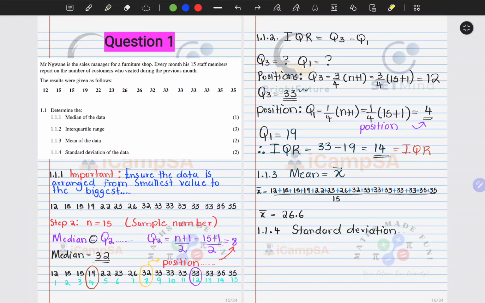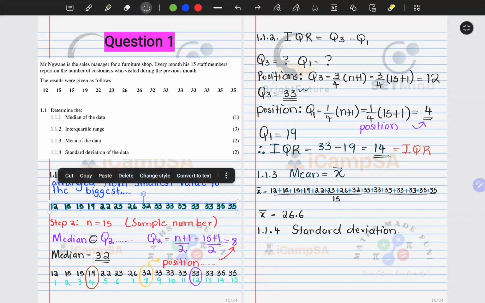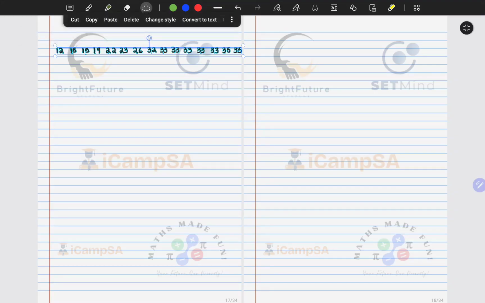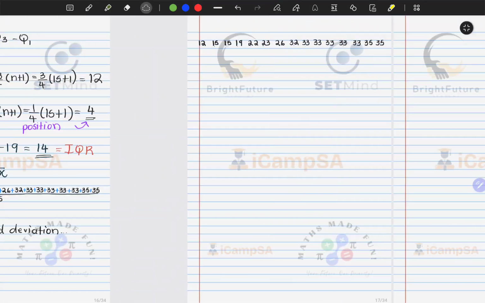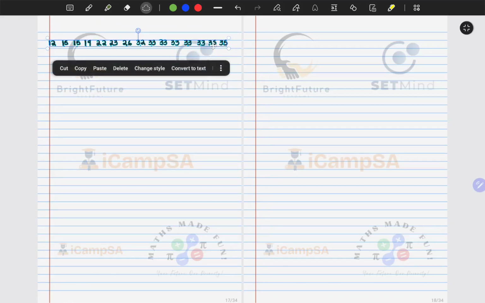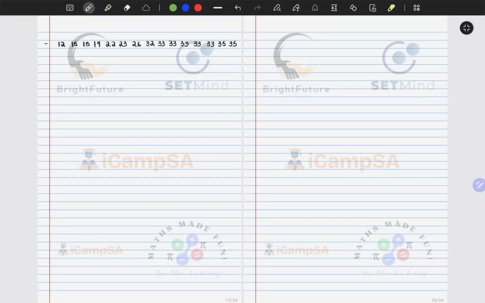So let's go ahead. I'm going to take the data as is, and then we are going to go to the next page and make a table. This data here, remember, represents your x. So this is all of your x, and then your mean we found is 26.6.